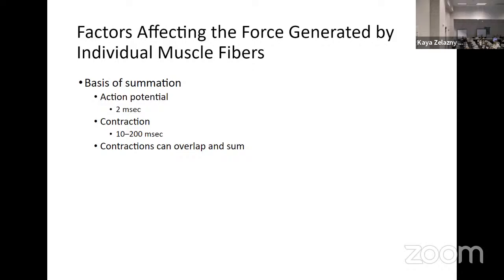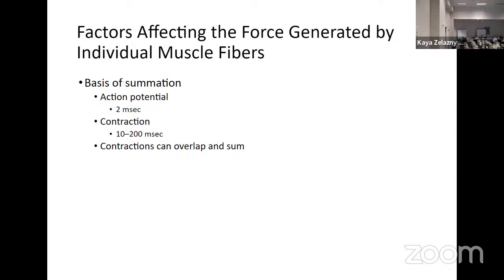So we've got like 10 to 200 milliseconds for a contraction in response to a stimulus in a muscle fiber. This means that as we have those action potentials coming in from our motor neuron triggering action potentials in our muscle fiber, our contractions can overlap and sum.